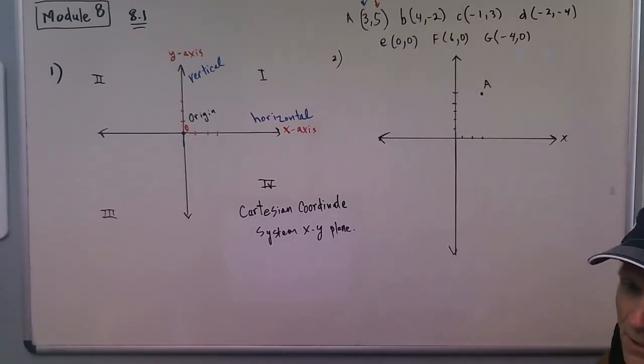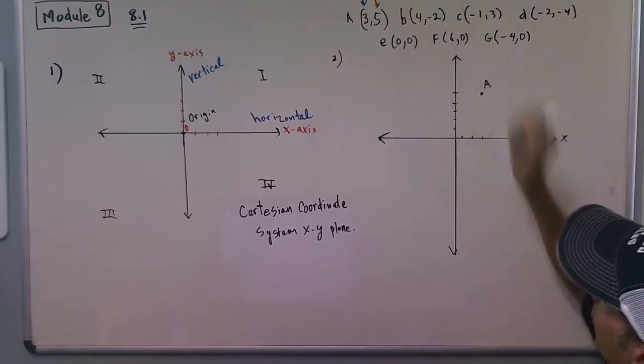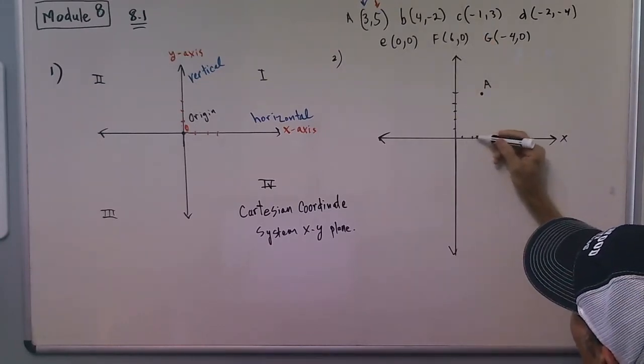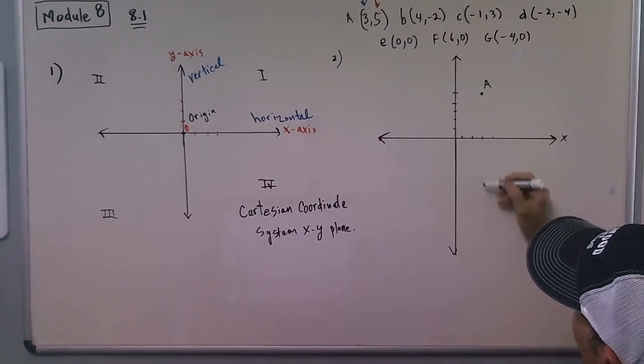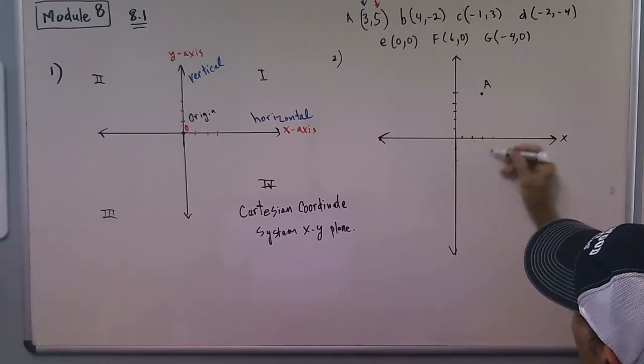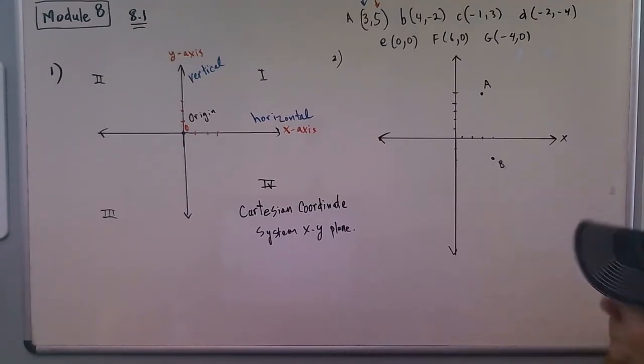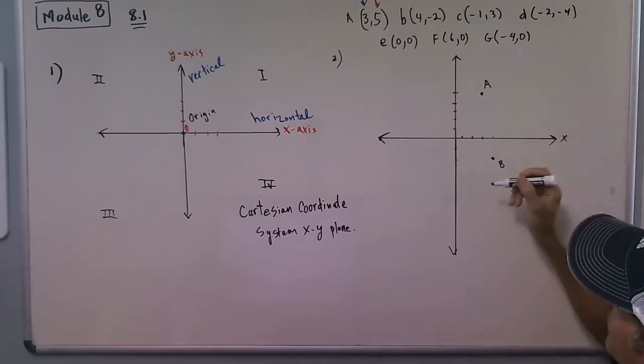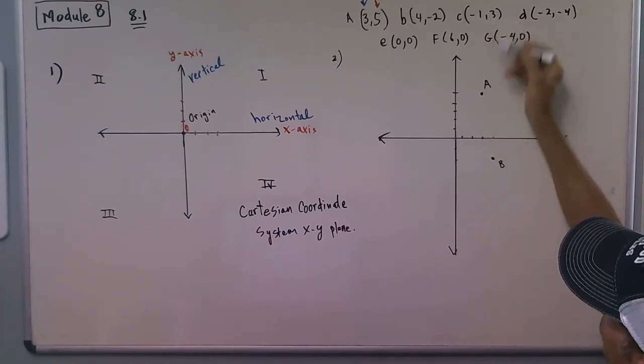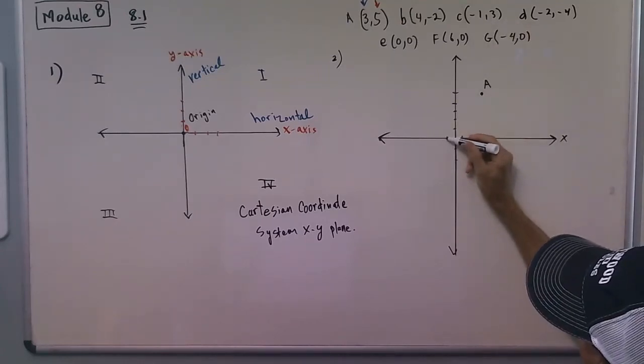Then looking at the point 4, -2, we would go over 1, 2, 3, 4. And then we go down 1, 2, and so that would be the point 4, -2. Then plotting these other ones quickly, for -1, 3, we'd go back 1.